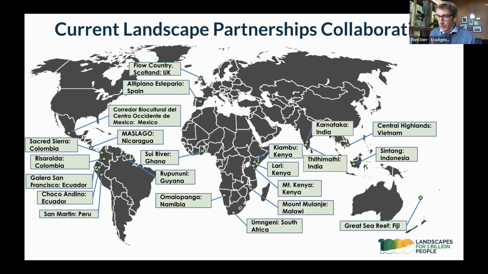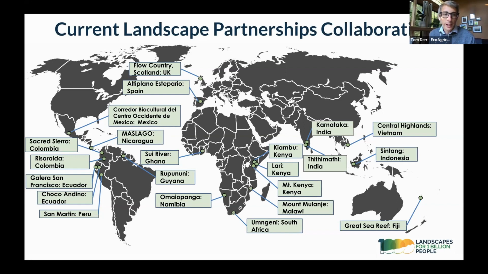These are tools and services around capacity strengthening. We're working on a whole series of landscape learning modules, which Louise will touch on in a little bit. We're developing different finance tools for integrated landscape finance and mechanisms that will shift the way funding flows into landscape partnerships.